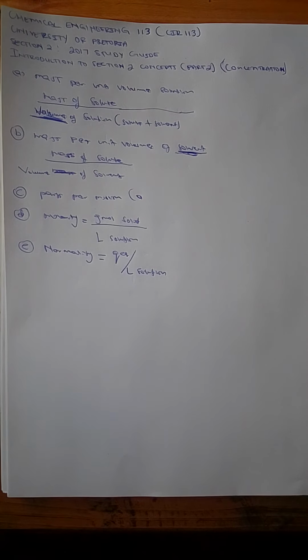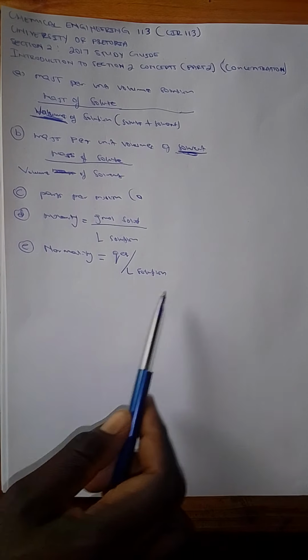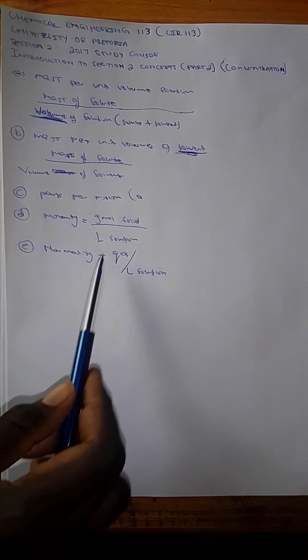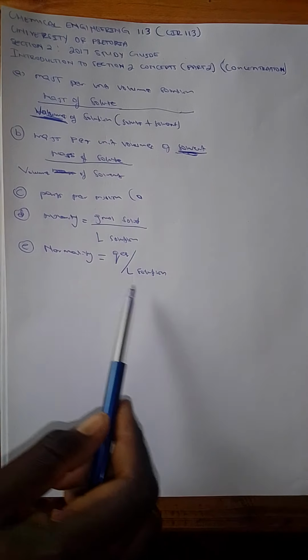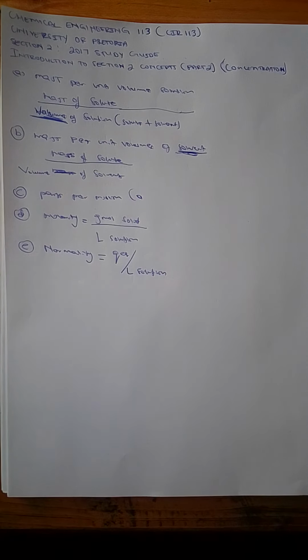So gram equivalents per liter solution is almost like your gram moles solid per liter of solution, and it's also expressed per liter of the solution. So whatsoever has been dissolved, the gram equivalents of what has been dissolved, all over the liter of the solution. I guess I'm explaining it a little bit easier.